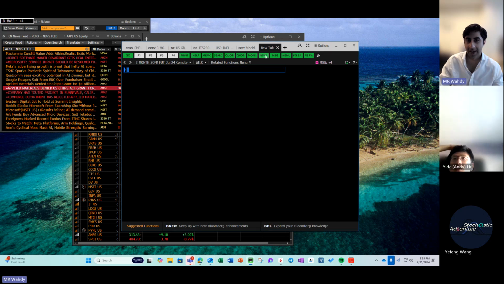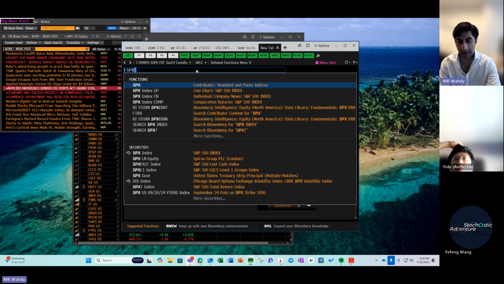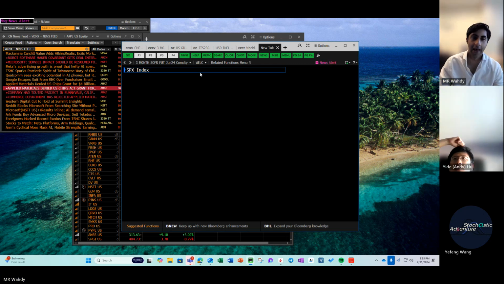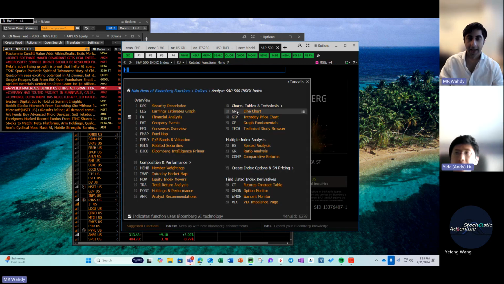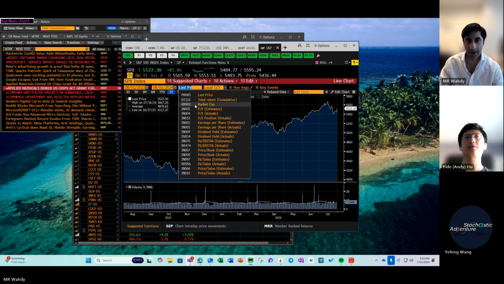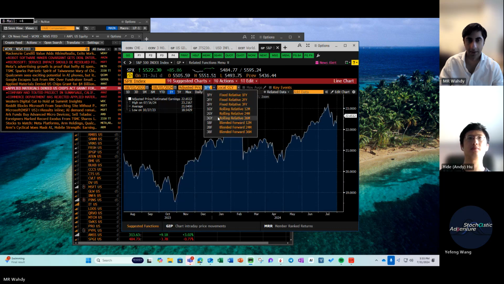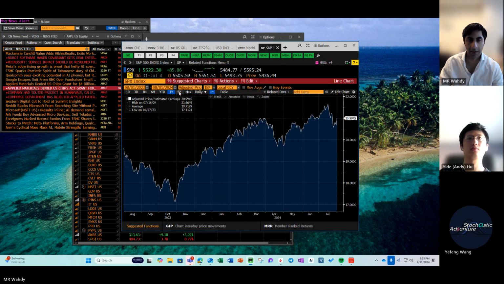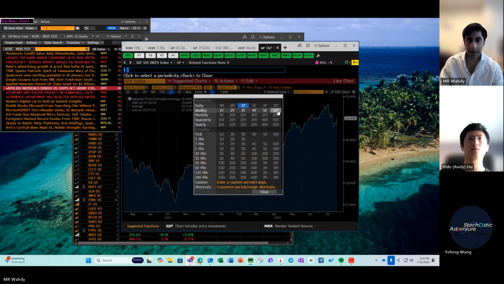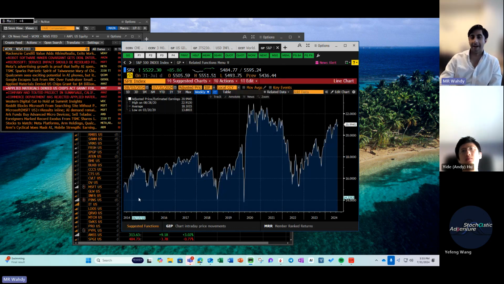One of the things that I think we could see is if you look at the S&P from a multiple standpoint, you have equities trading at a very high level.